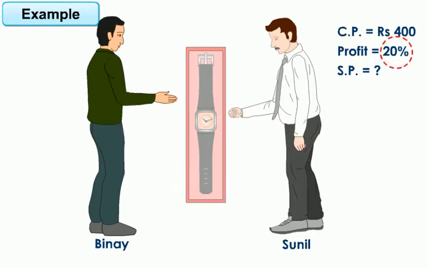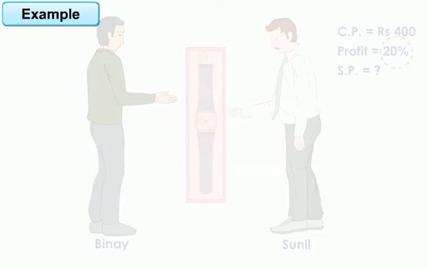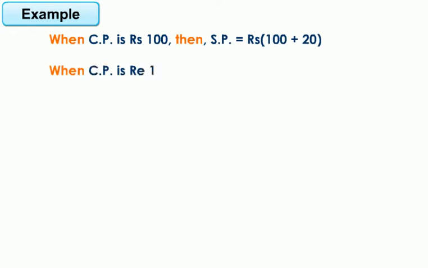Here, 20% profit indicates that when cost price is rupees 100, then selling price is equal to rupees 100 plus 20. When cost price is rupees 1, then selling price is equal to rupees 100 plus 20 divided by 100.